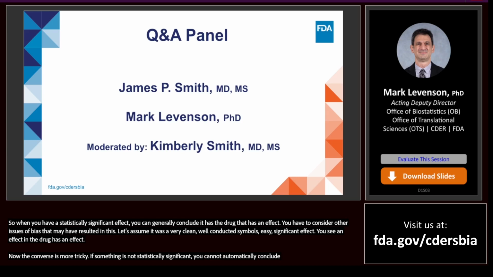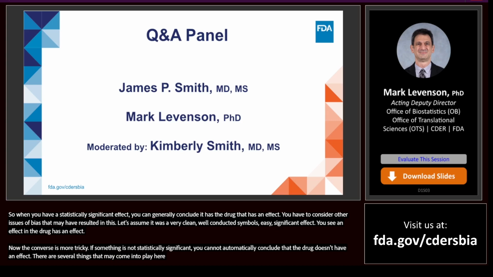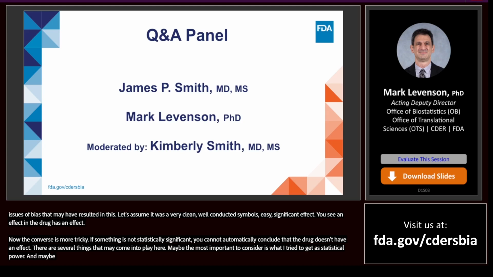There are several things that may come into play here. Maybe the most important to consider is statistical power. It may be that the study had very little power to detect an effect. So even if there was an effect there, the power to detect it might have been very low.